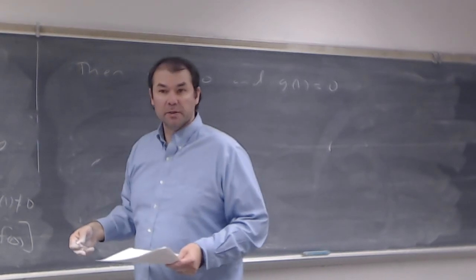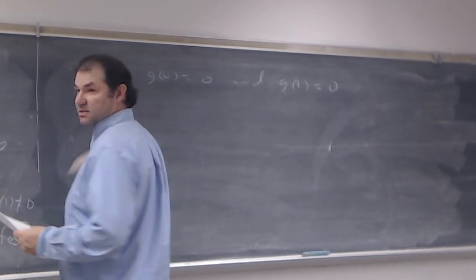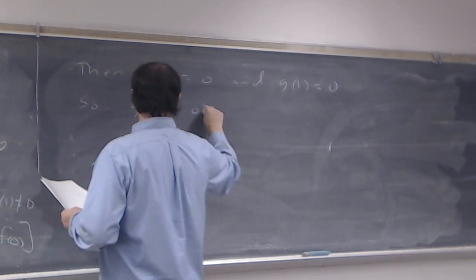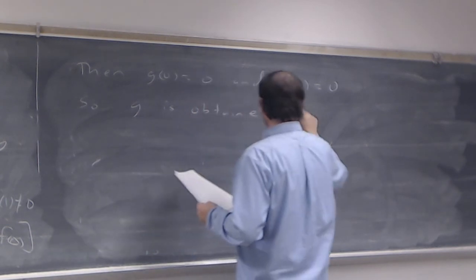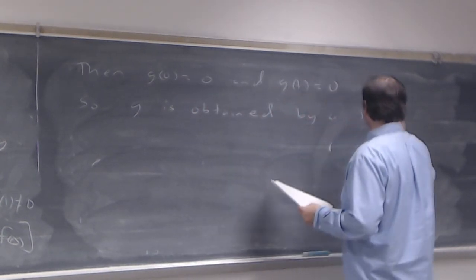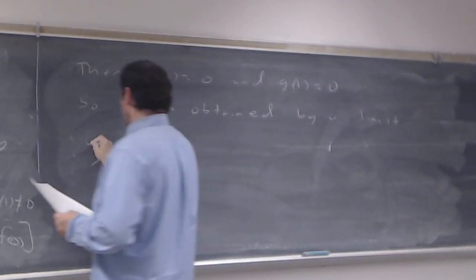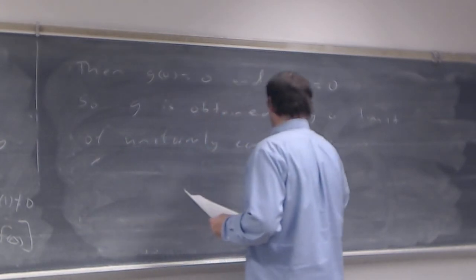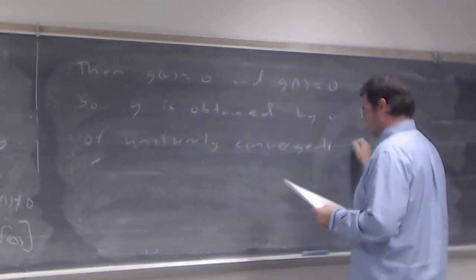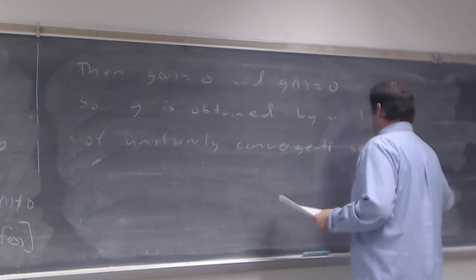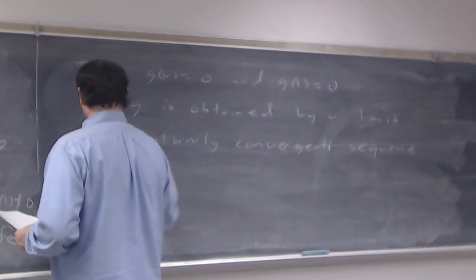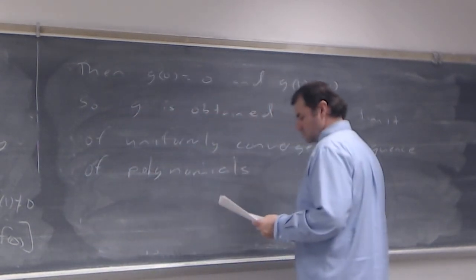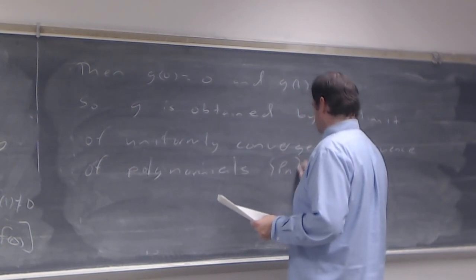So by our previous work, subcase 1, g is obtained by a limit of a uniformly convergent sequence of polynomials p sub n.